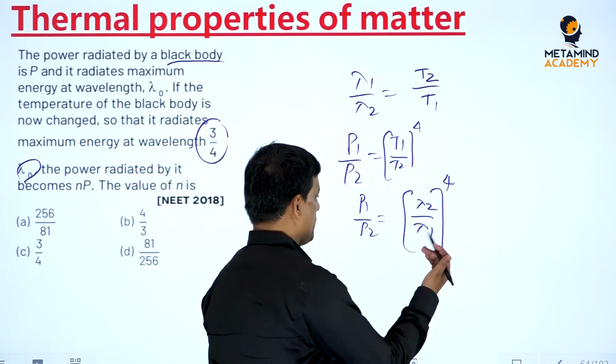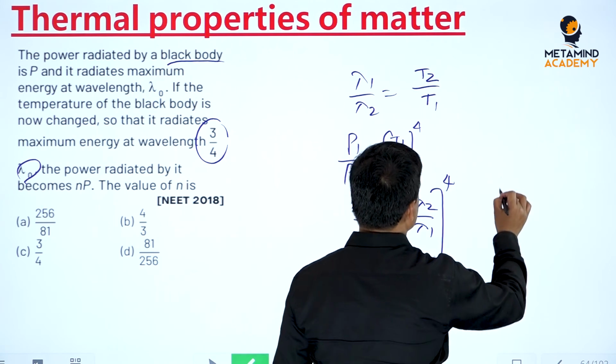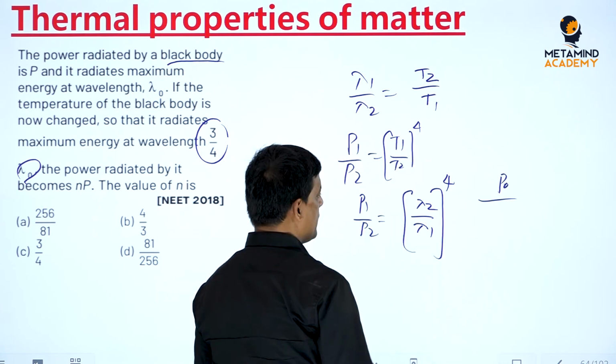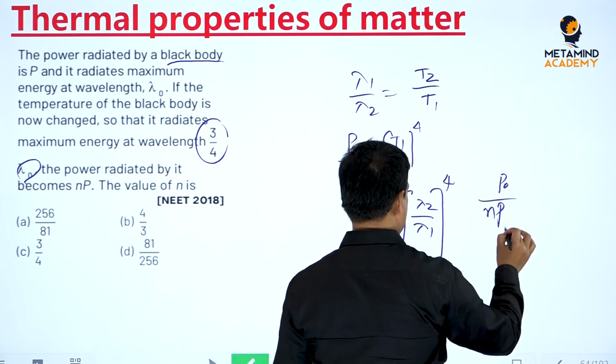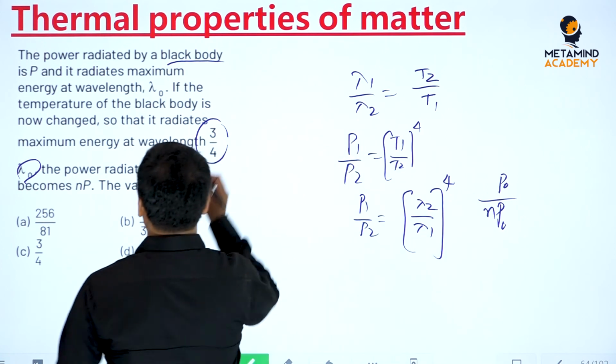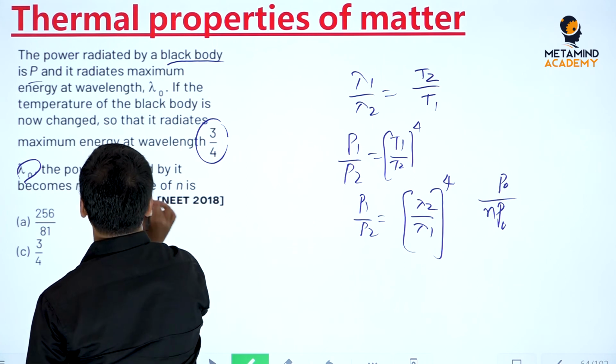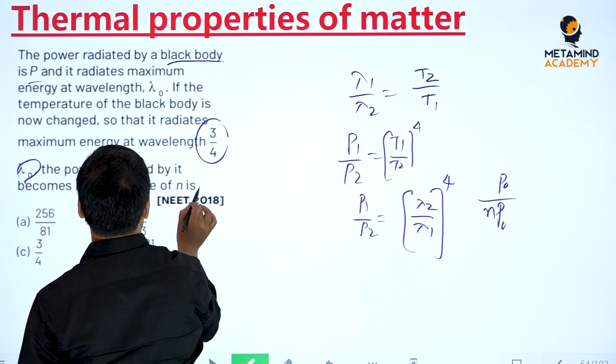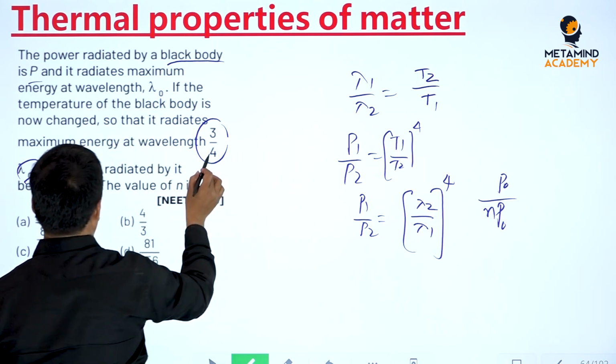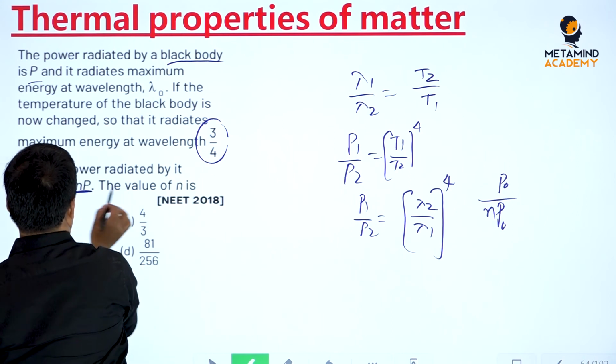Right? Now a problem is solved. So P1 is given to you as P0 and P2 is given to you as n times P0. Right? This is what the problem is talking. Here power becomes n times P.